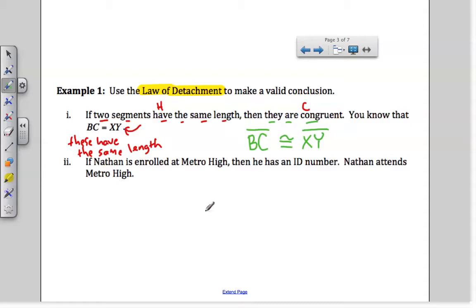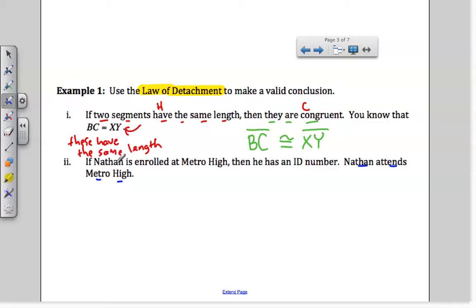So that's kind of a geometry example. Here's an example with words. If Nathan is enrolled at Metro High, then he has an ID number. Okay, and we're assuming that this must be a true statement. If Nathan is enrolled at Metro High, then he has an ID number. Here's what you know. Nathan attends Metro High. Doesn't that satisfy this right here?